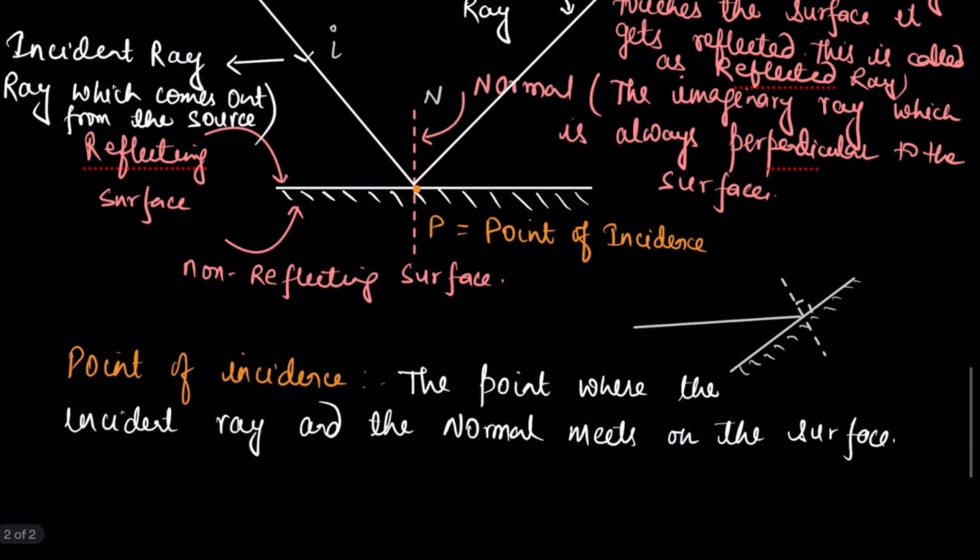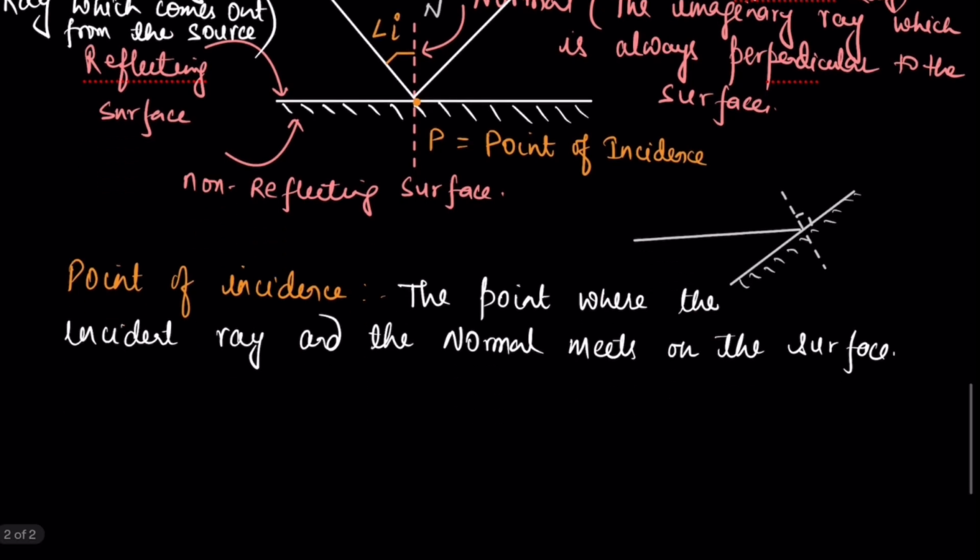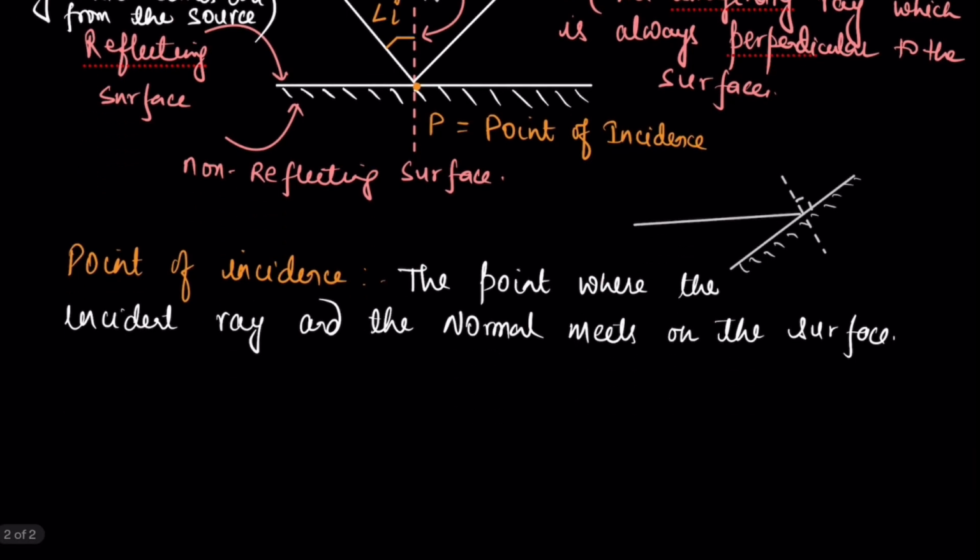Next, as you see here, there is an angle formed between the normal and the incident ray. It is represented as angle I. This angle I is called the angle of incidence.